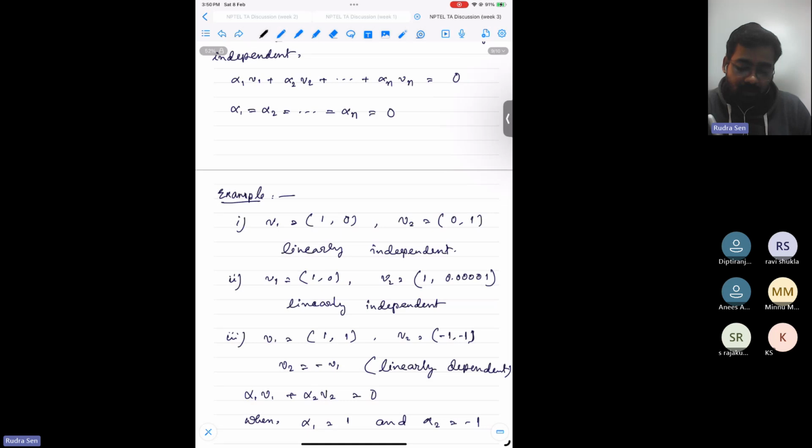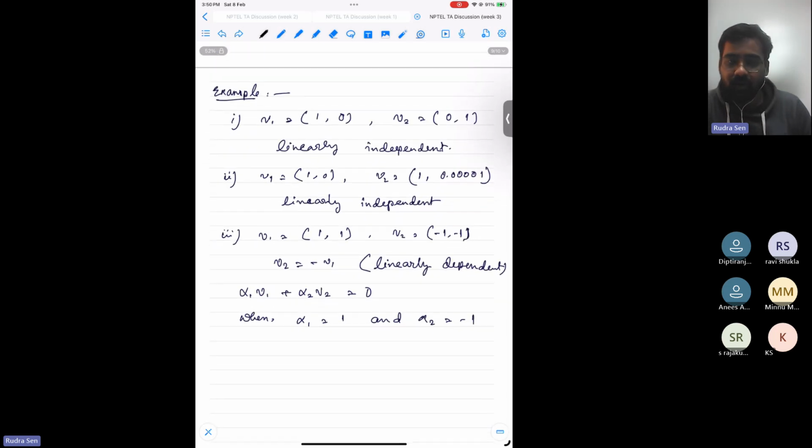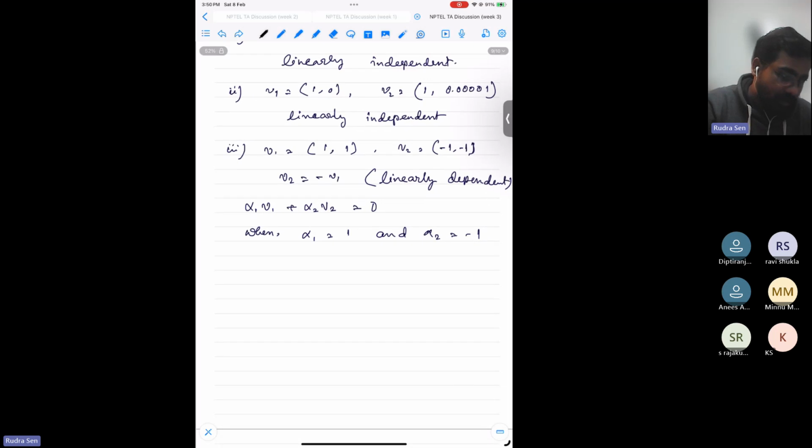But here alpha 1 equals 1 and alpha 2 equals -1, we get a non-zero coefficient, so they are linearly dependent.